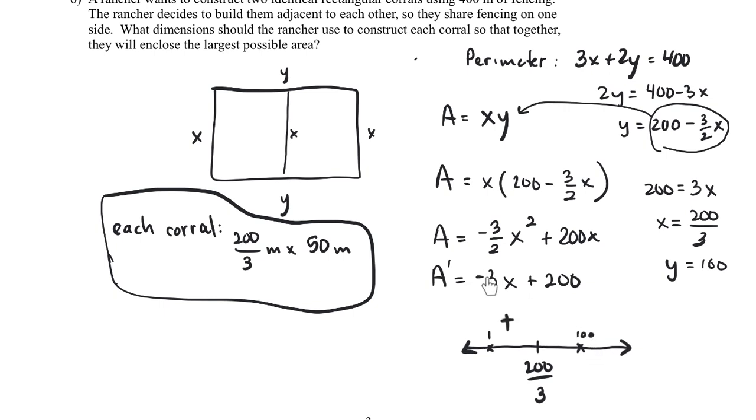But if we plug 100 in, negative 3 times 100 plus 200 is negative. So the function is increasing and then decreasing, meaning at 200 over 3 we have a maximum value. So that proves that this x value is the maximum value for this function using the first derivative test. And these are the dimensions that would give us the largest possible area.